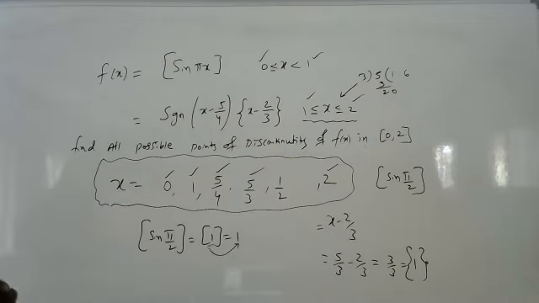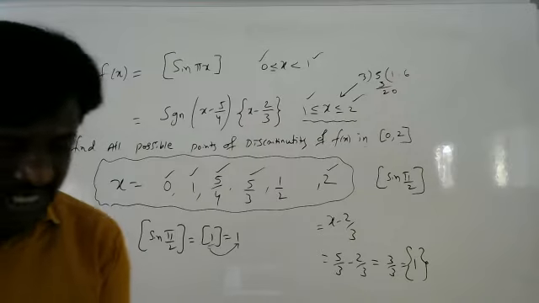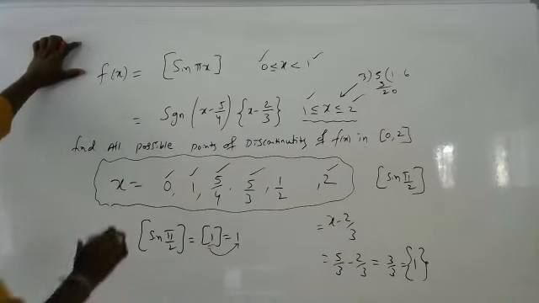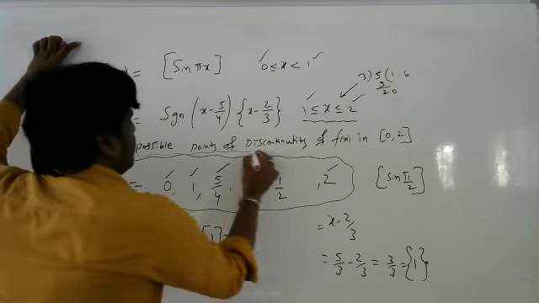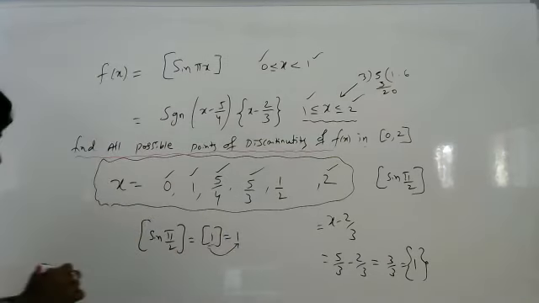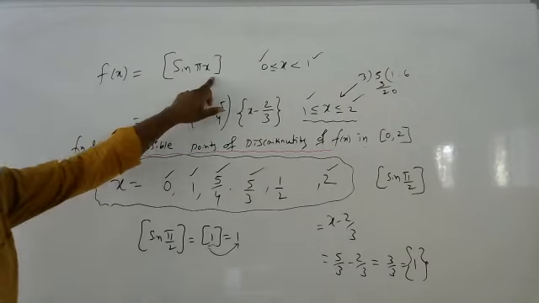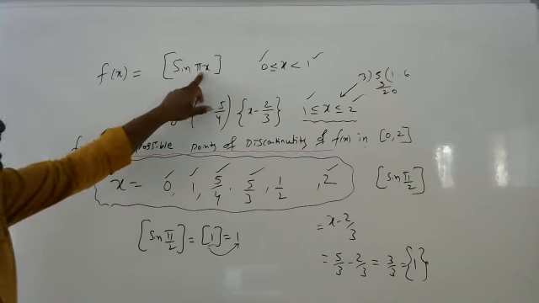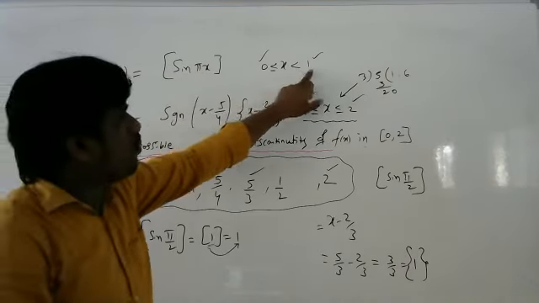I repeat again, I will explain once again. See here, you have to check. Find all possible points of discontinuity of the function on 0 to 2. Whenever the greatest integer is given, you have to check where I will get an integer. So where do I have to check? 0 to 1.